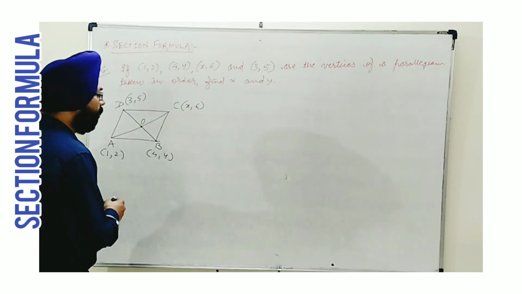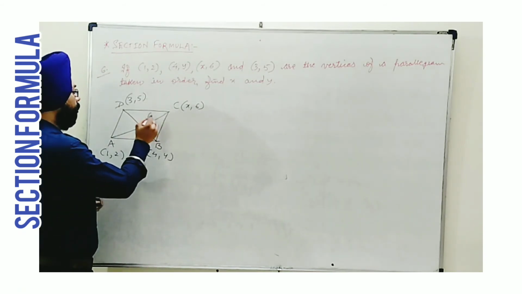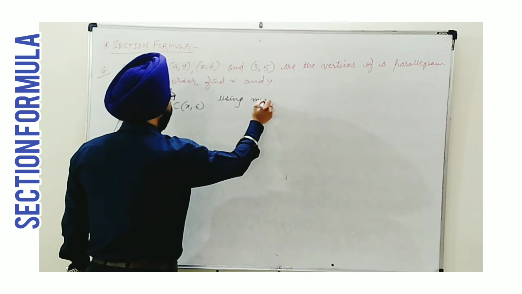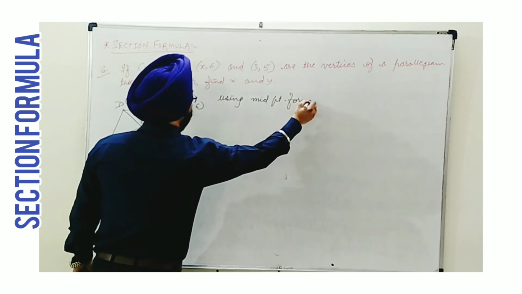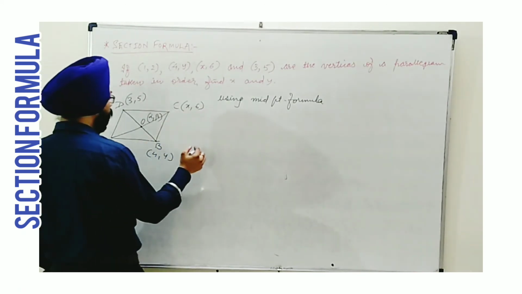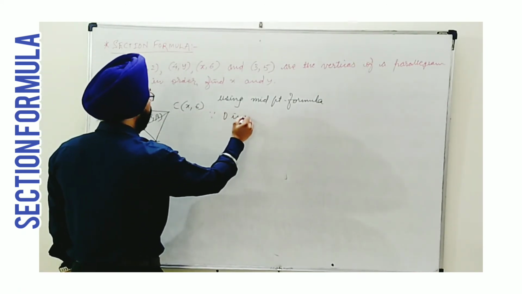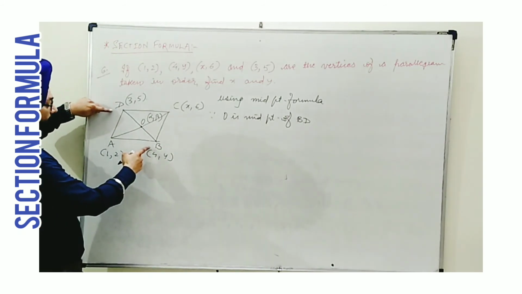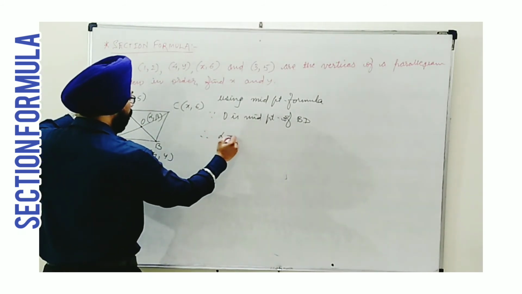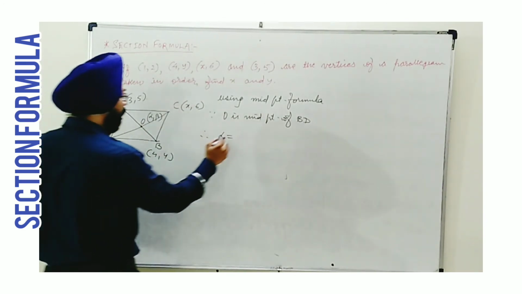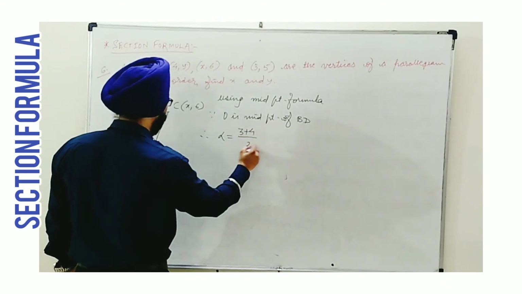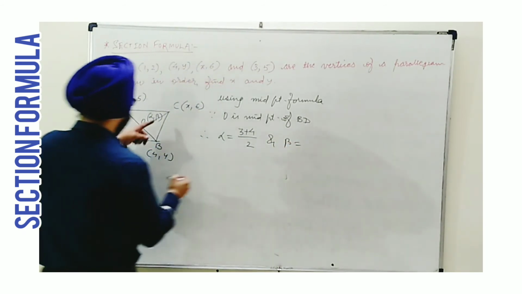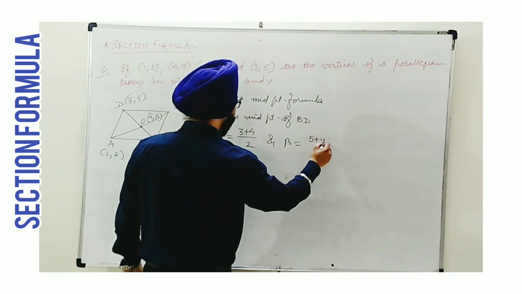So what is that? Midpoint formula, if I consider the coordinates of O as alpha comma beta, then using the midpoint formula, what we can do, this alpha with respect to, since O is the midpoint of BD, this first diagonal, in that case alpha is equal to 3 plus 4 by 2, as it was x1 plus x2 upon 2, and beta can be taken as 5 plus y upon 2.